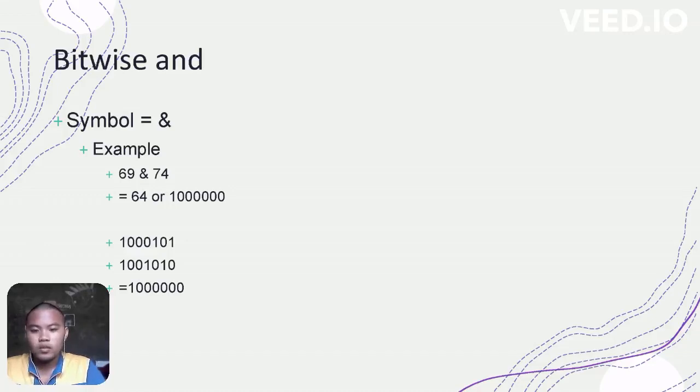So 1000101 stands for the number 69, then 1001010 stands for the number 74.